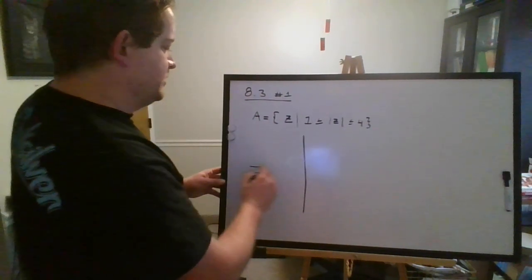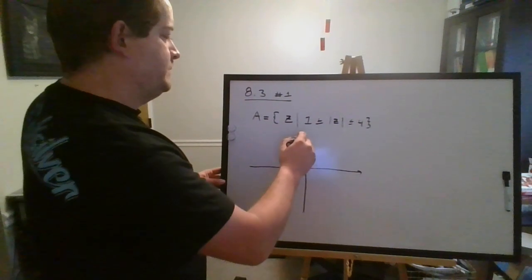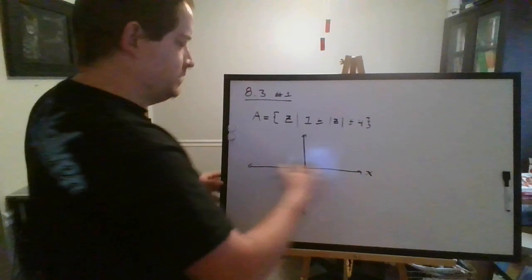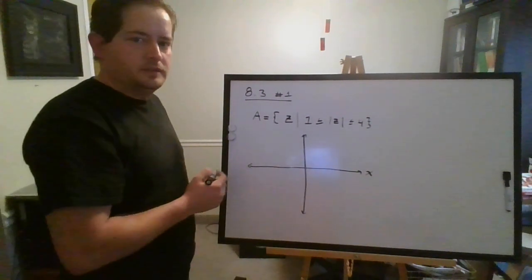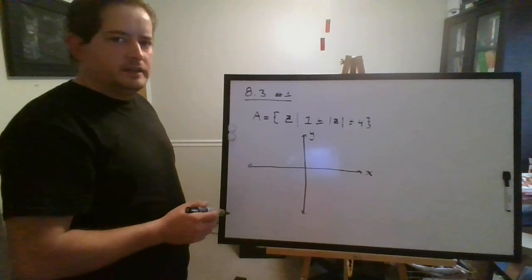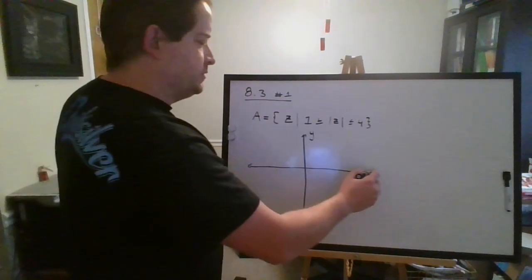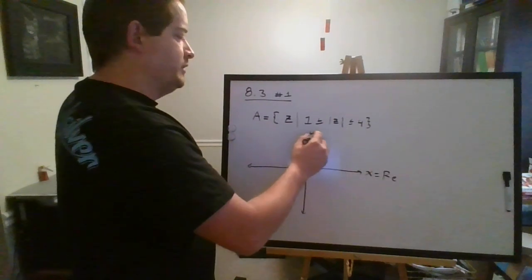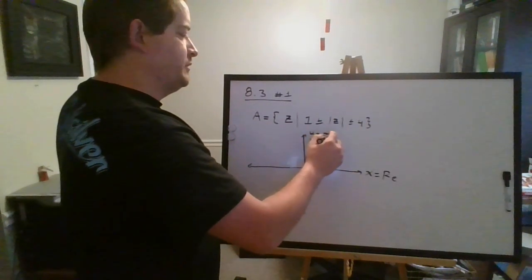We don't actually have to do any algebra or math. In an axis, I have an x as the regular x, the horizontal. My y is the vertical. The x is also typically called the real part of the number, and the y is the imaginary part of the number.